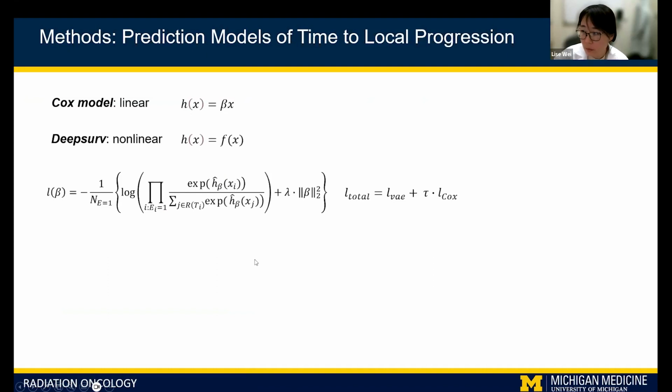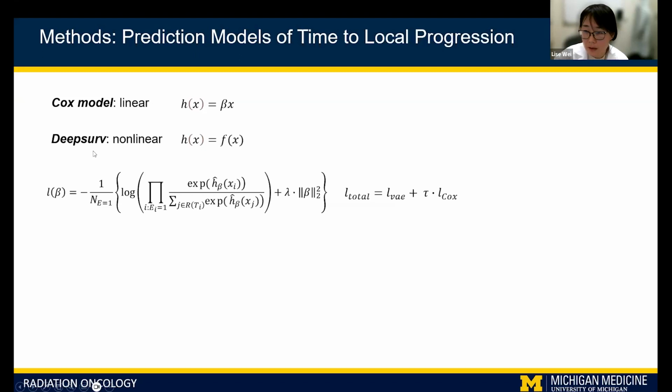One thing is that this is a time-to-event analysis, not a classification task. There are different conventional models for time-to-event analysis. The Cox model is a very standard one, a linear, proportional hazard assumption method.